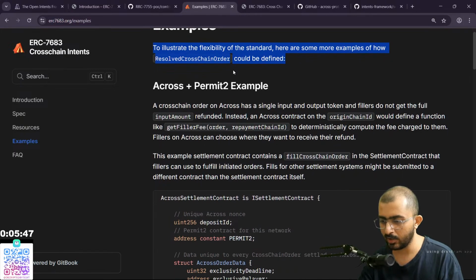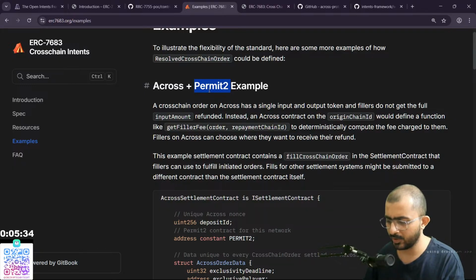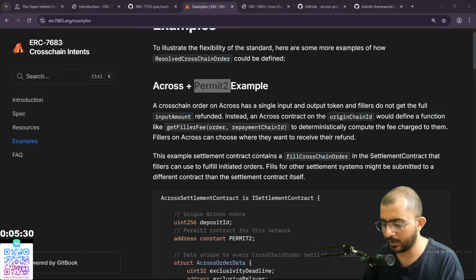Across plus Permit2 example. Permit2, I guess, they're just creating it, right? No, Permit2 is the token thing, right? Token approvals and that. Yeah, I got confused. Permit2 is approval.